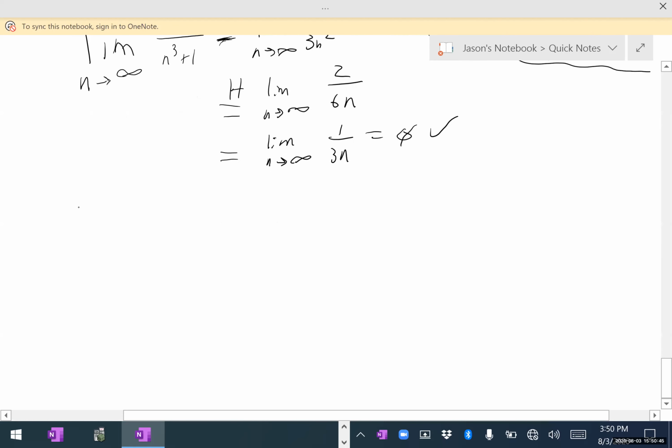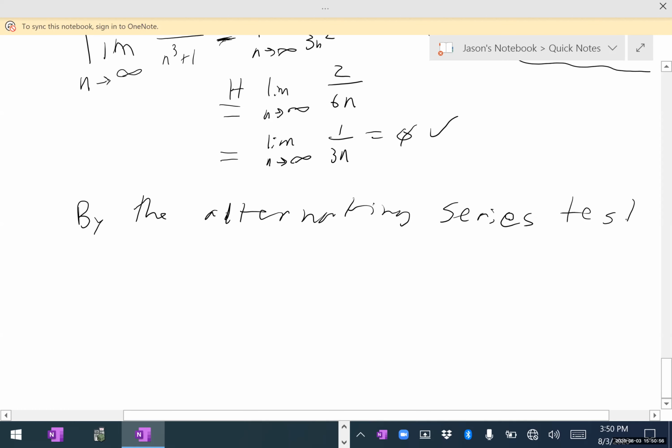So by the alternating series test, the series summation n equals 1 to infinity of (-1) to the n plus 1, times n squared over n cubed plus 1, converges.